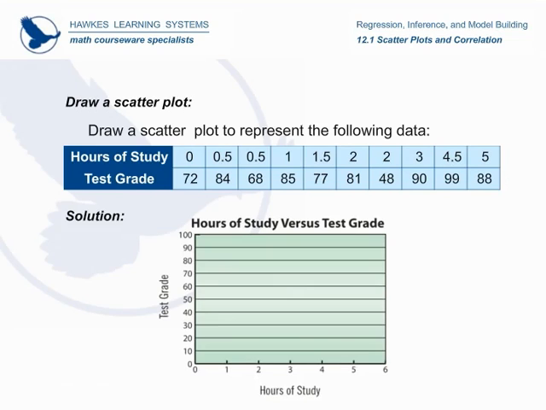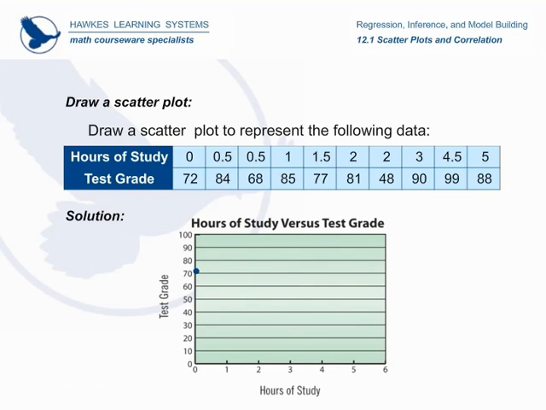So of course we make our grid with our hours of study on our x-axis and the test grade on the y-axis. So our independent variables are on the x-axis and our dependent variables are on the y-axis. The number of hours studied determines the test grade received.